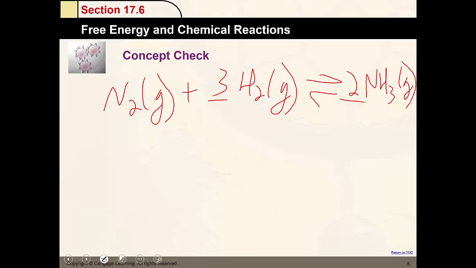And you should also be able to predict the value of delta G. So we know here, in this case, if we're trying to predict the sign of delta S, you have one molecule here, 3 here, so 4 molecules of gas on the left side, 2 on the right side. So that means the entropy is decreasing. So you would predict the entropy there would be negative.